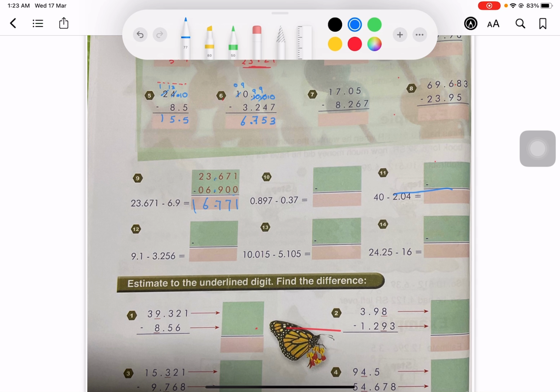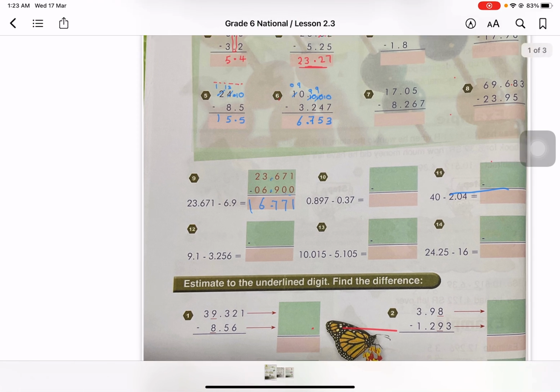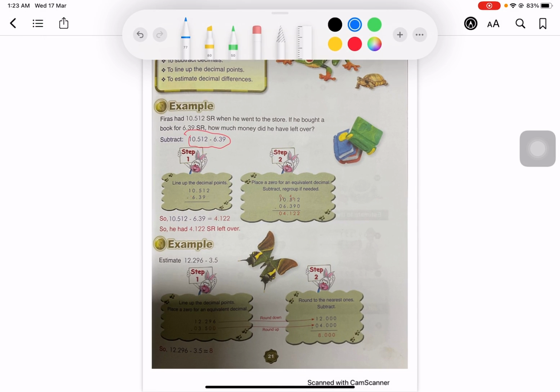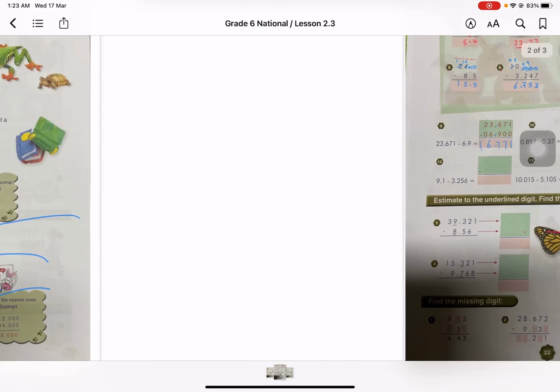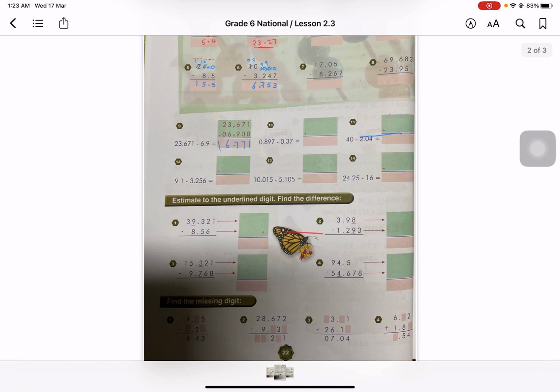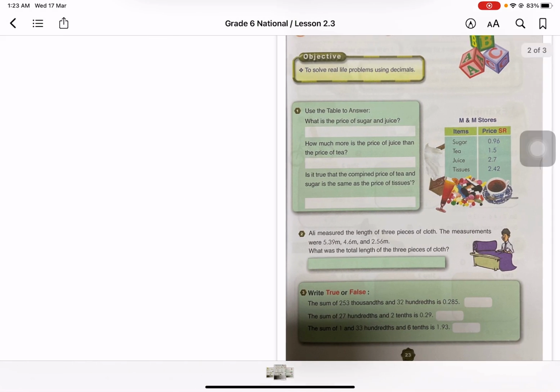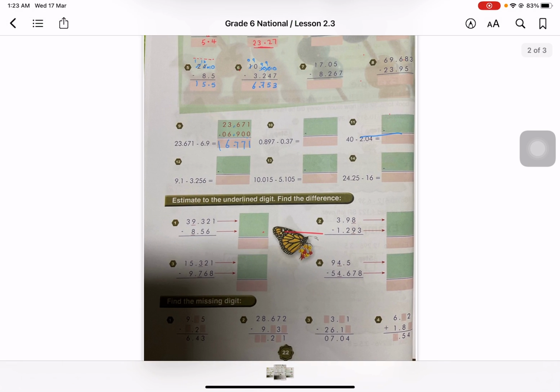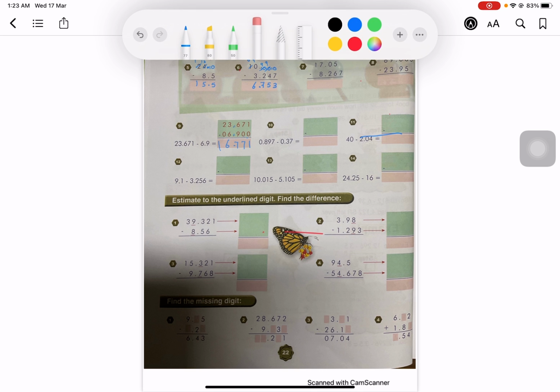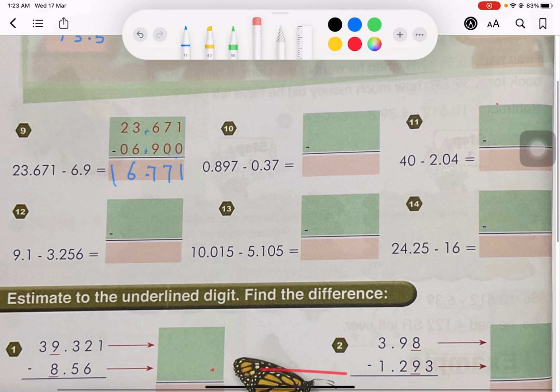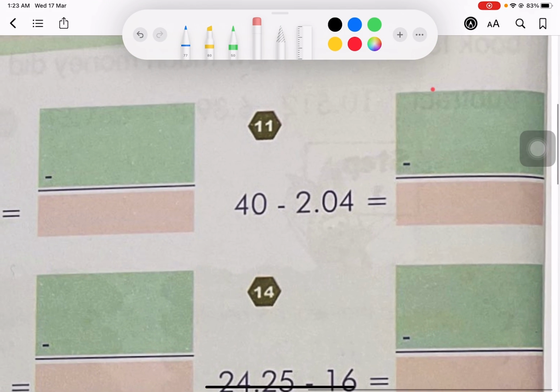Let's go to question number 11. In question number 11, if you notice, the question is written horizontal.